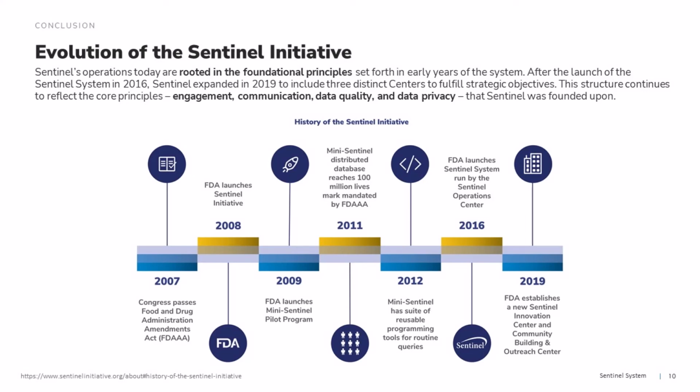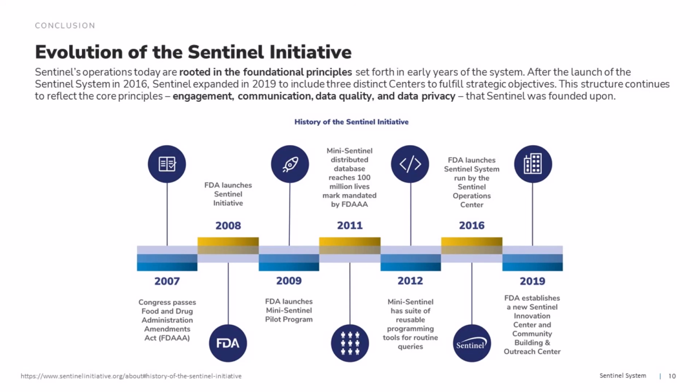the distributed database. In 2016, the Sentinel system was launched by the Sentinel Operations Center, or SOC, which supports running queries, enhances core data sources and analytic tools, and advances the Sentinel Common Data Model and other infrastructure. In 2019, 2 centers were created to continue to advance Sentinel. The Innovation Center, or IC, was created to continue developing and evaluating innovative methods to further advance Sentinel.